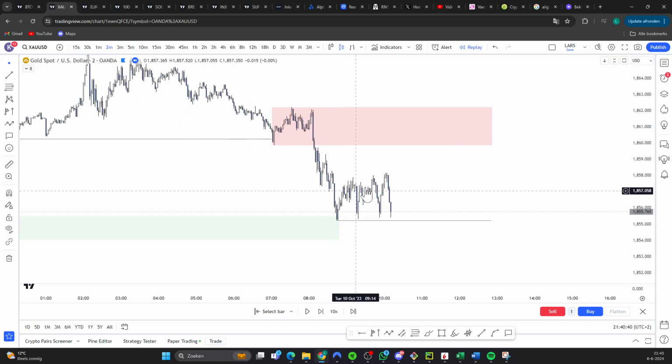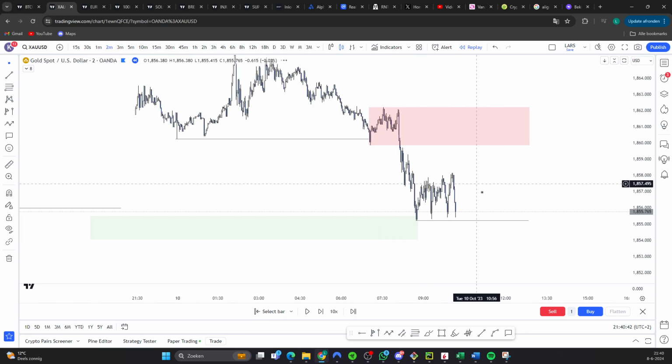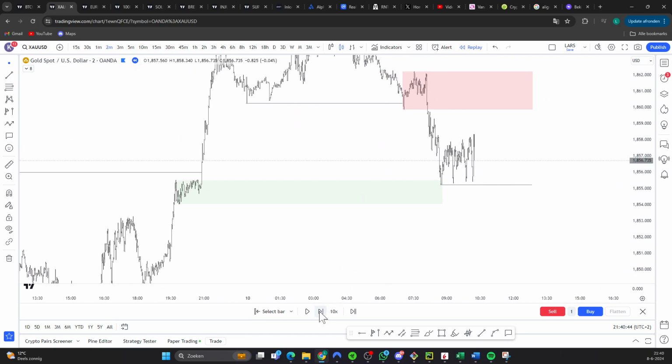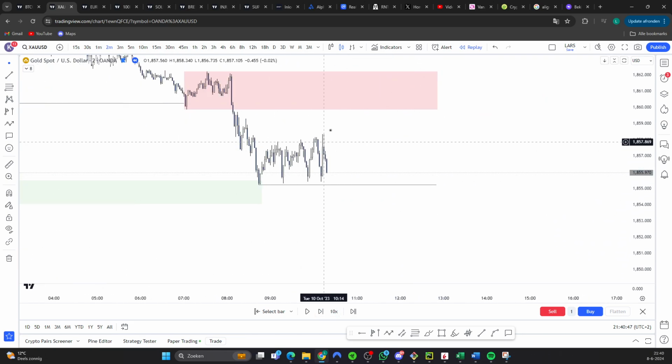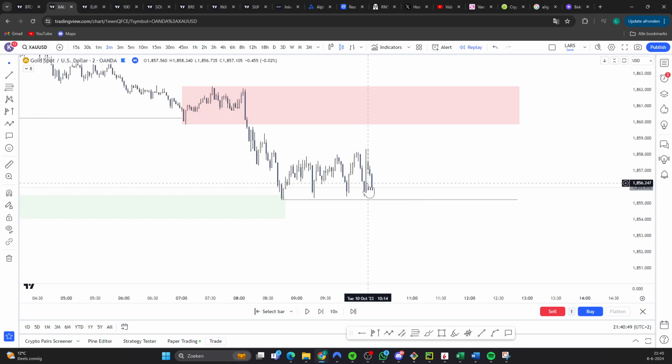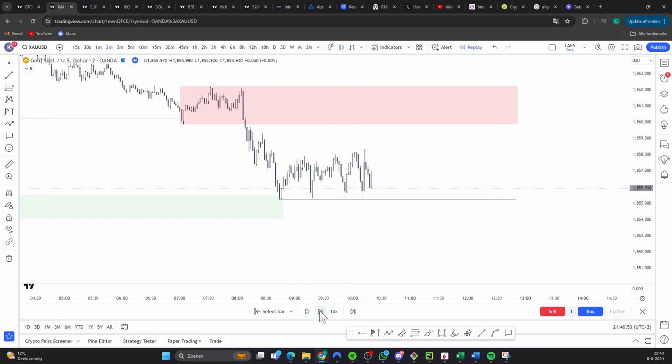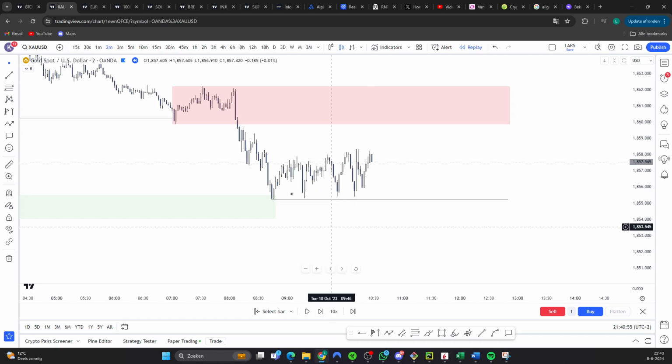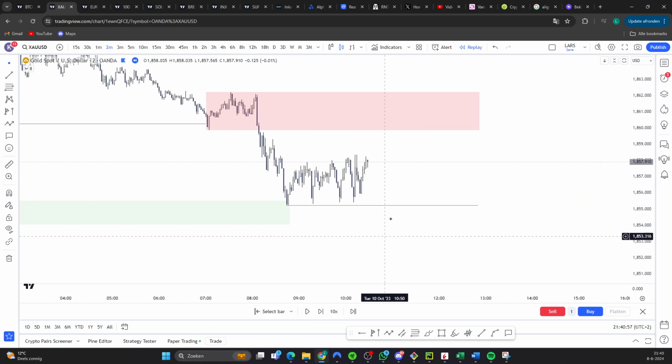Have a nice little Model 1 redistribution here. That got invalidated very quickly. But there was no entry confirmation either way. But we're building up some nice sell side liquidity below us, so this could easily happen.